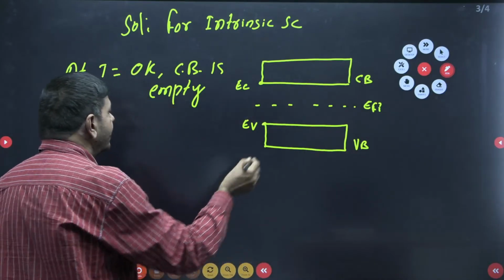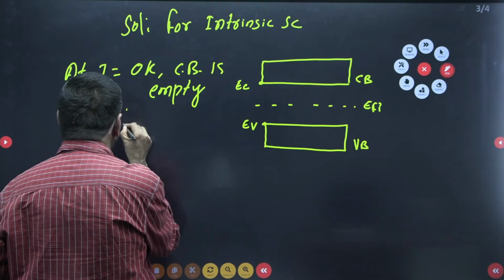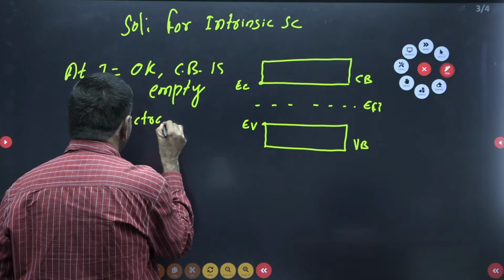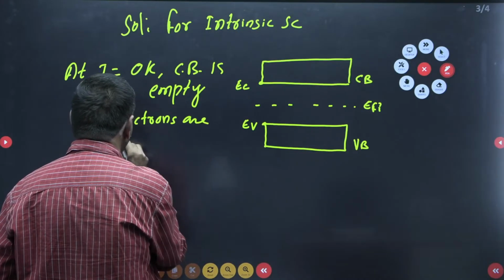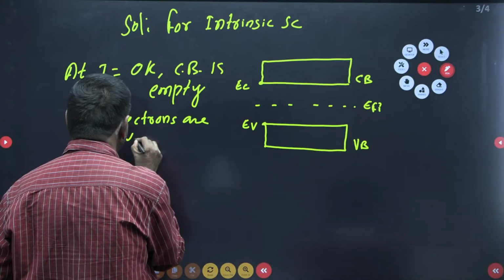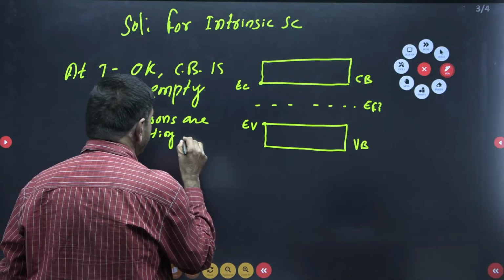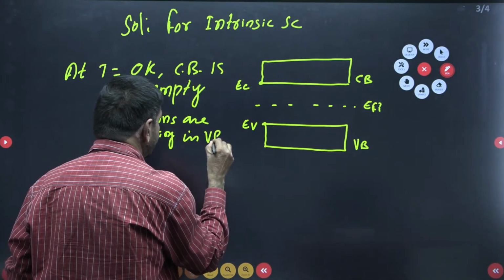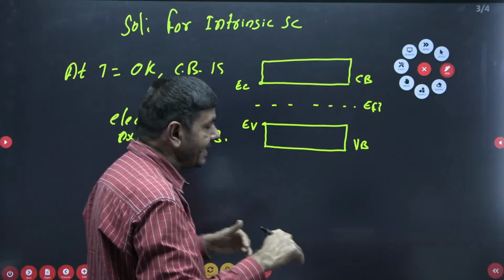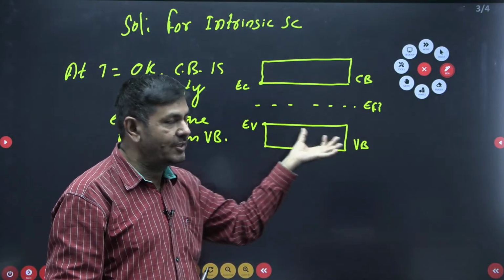Electrons are existing in the valence band, and in the valence band they are lying in the bond only.